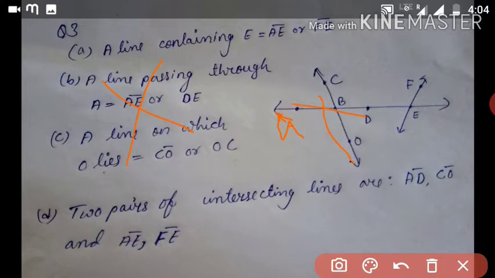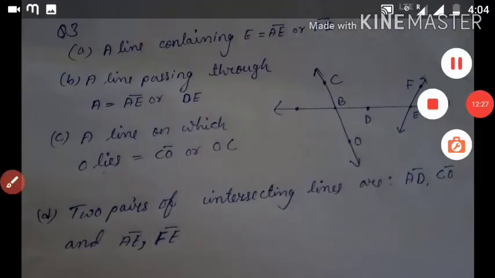And that will be AD and CO. And the next will be FE. You can say AE, or you can say BE or DE. But I have written AE and FE. These are the two intersecting lines, isn't it? And this one, AD and CO. This is your answer for question number 3.